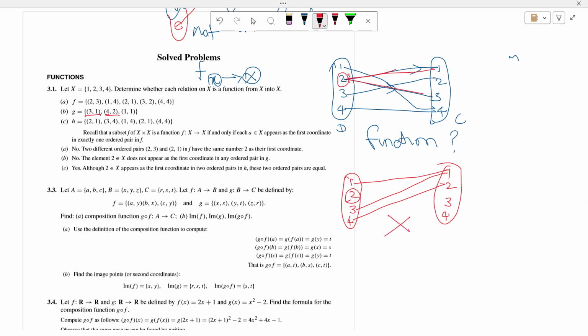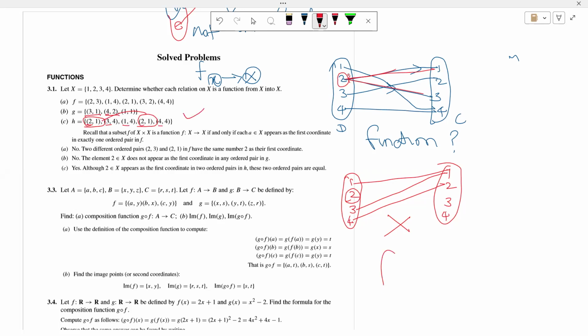This is the way we can answer the questions, right? So if you look at the third one, the domain has 2, 3, 1, 4, right? All the 4 elements in the domain have a relation. But if you look here, the pair 2 comma 1 occurs 2 times, right? So it means they are defining the same relation 2 times, but it is a function.